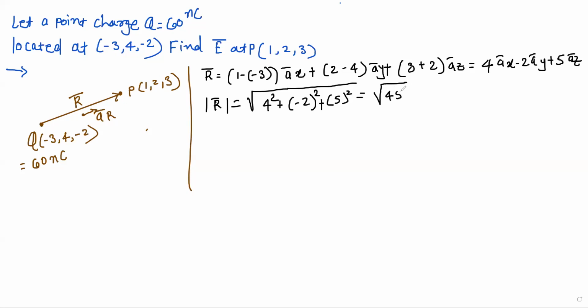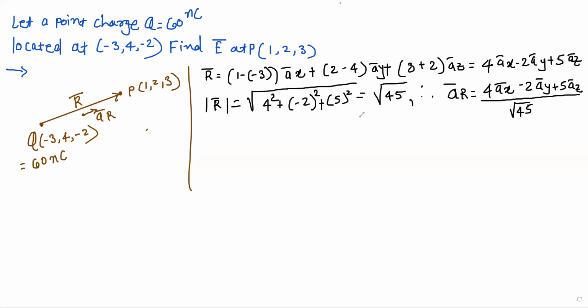So therefore I can write the unit vector a bar r is equal to 4 a bar x minus 2 a bar y plus 5 a bar z. We know that a unit vector is nothing but vector upon magnitude, so this vector is divided by the magnitude, under root 45. So this is the unit vector. Now we have the vector, magnitude, and unit vector.